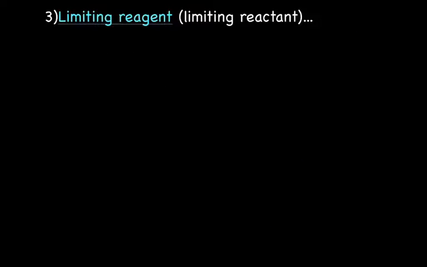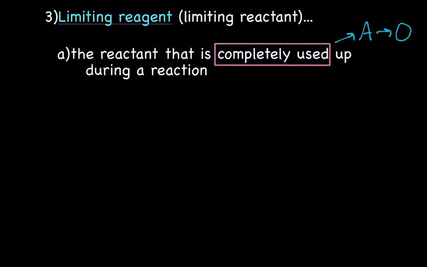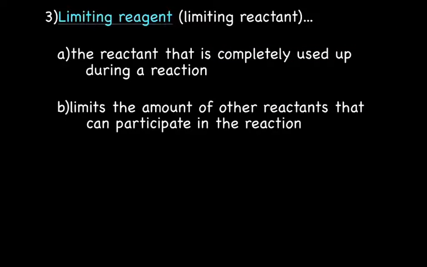All right, so the limiting reagent or reactant, some things you need to know. First of all, it's the reactant that is completely used up. So in our BCA table, in the A section, it will be the one that ends up being 0. The limiting reagent limits the amount of other reactants that can participate in the reaction, like our bicycle example.